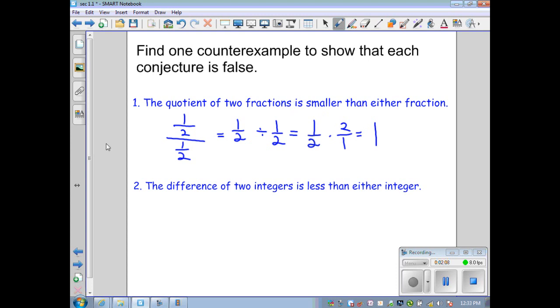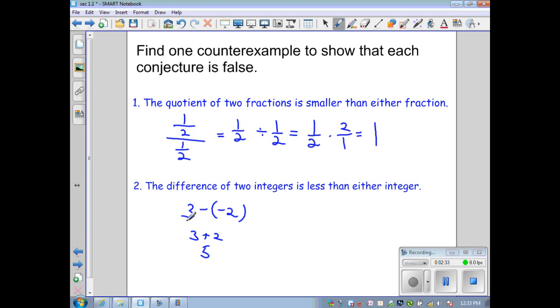In example 2, the conjecture is the difference of two integers is less than either integer. Well, let's take a look at a counterexample. 3 minus a negative 2, and when I simplify, this is actually going to be 3 plus 2, which is 5. And here, it wants us to say that the difference of two integers is less than either integer.